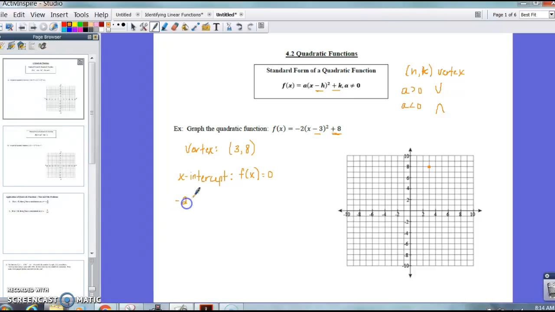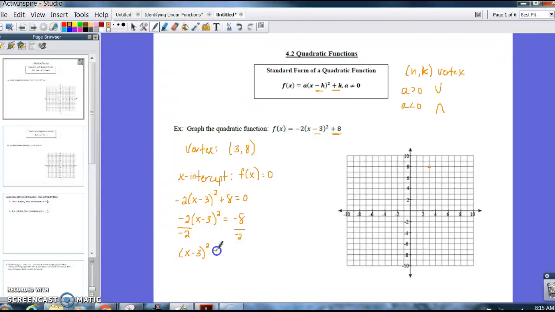So I have -2(x - 3)² + 8 = 0. So -2(x - 3)² = -8. What I'm doing is isolating the (x - 3)² term. If I divide both sides by -2, I end up with (x - 3)² = 4.